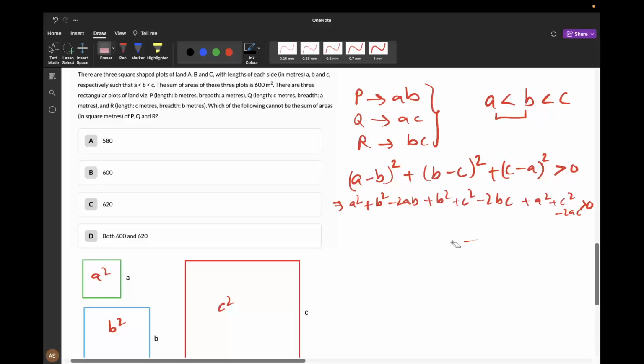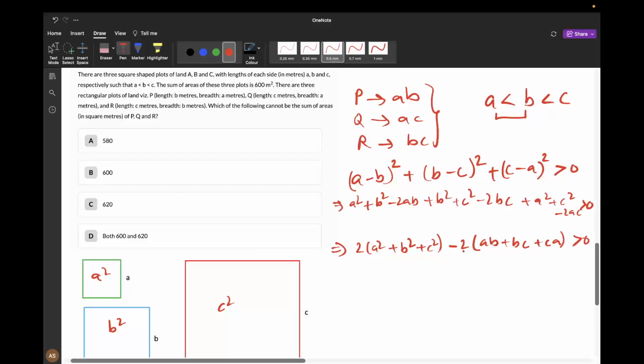Now we can collect the common terms and write: we have A square here and here, B square here and here. So we have two terms of A square, B square, and C square. We'll write it like this: A square plus B square plus C square, all multiplied by 2, minus 2 times AB plus BC plus CA is greater than 0.